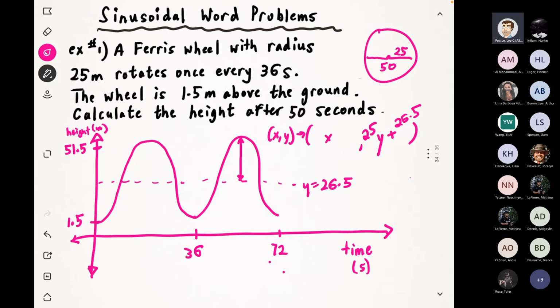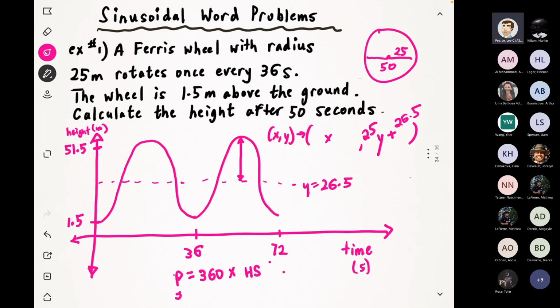And from there, okay, what we need to do is get the horizontal stretch and the horizontal translation. So let's figure out what the horizontal stretch is first. Once again, we have this formula that period is equal to 360 times horizontal stretch.